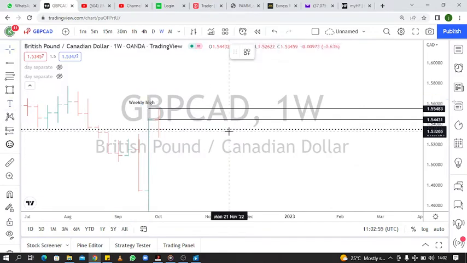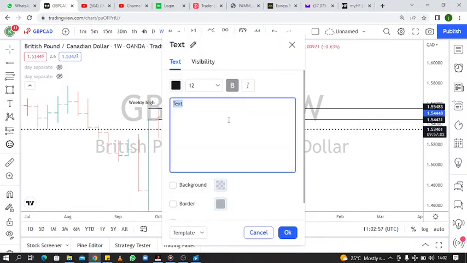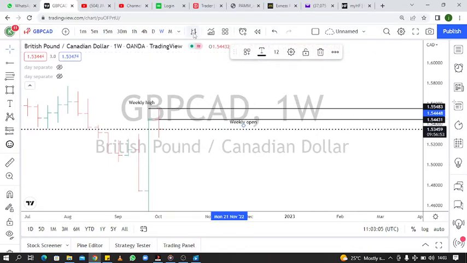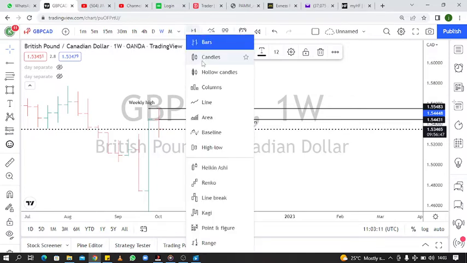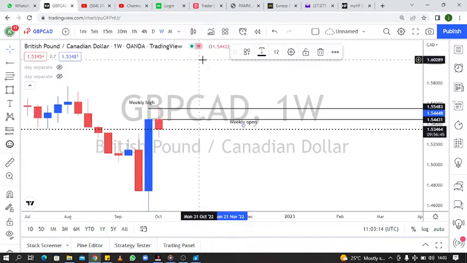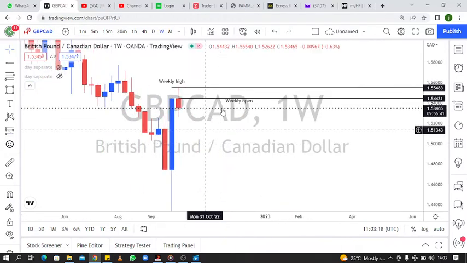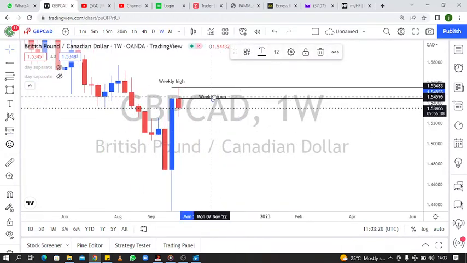Then I mark my weekly open, which is this. After doing this, remember I first turned it to my bar chart. This is the bar chart. After marking everything, I turn it back to my candlestick chart like this. So I know the weekly range that I'm going to concentrate on.